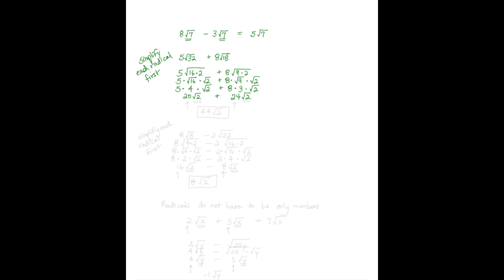We cannot simplify that one any further. Now you'll notice that we have like radicals. So we're going to add the 20 and the 24, giving us a total of 44. And we're going to keep the square root of 2 the same.